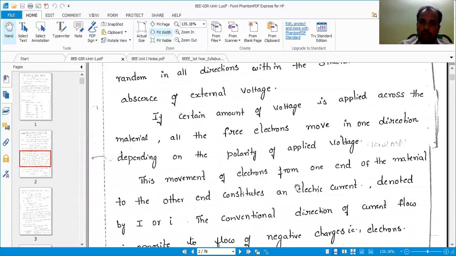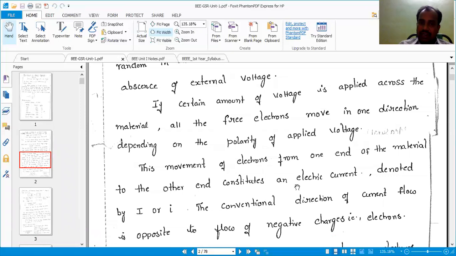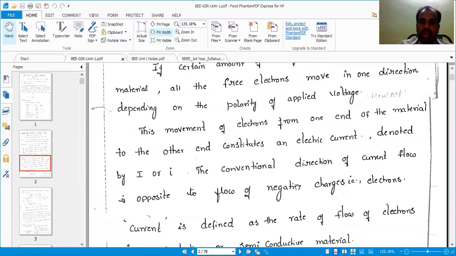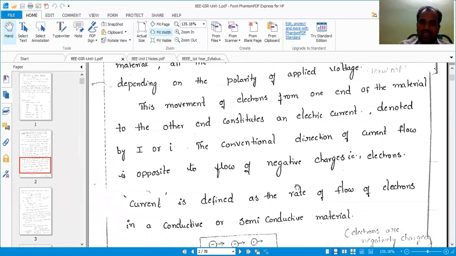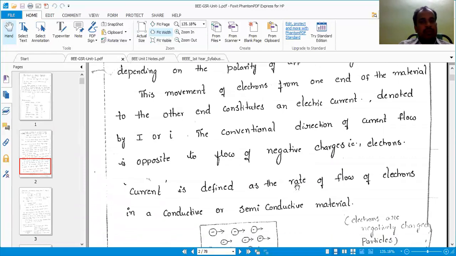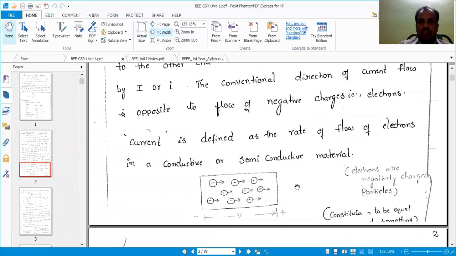The movement of electrons from one end of the material to the other constitutes an electrical current. It is denoted by capital I or small i. The convention for the direction of current flow is opposite to the flow of negative charge, that is, electrons. Current is mainly defined as the rate of flow of electrons in conductor or semiconductor materials.